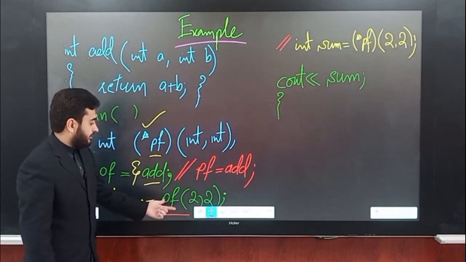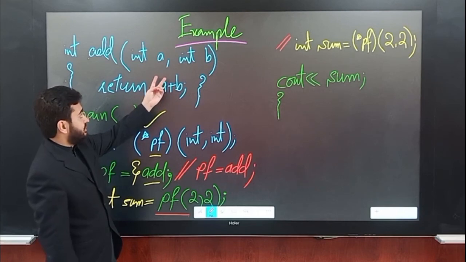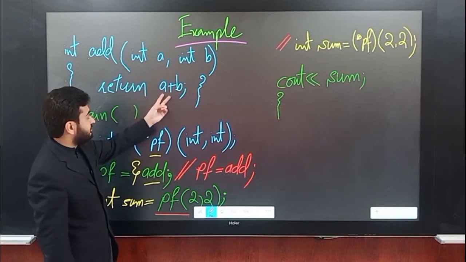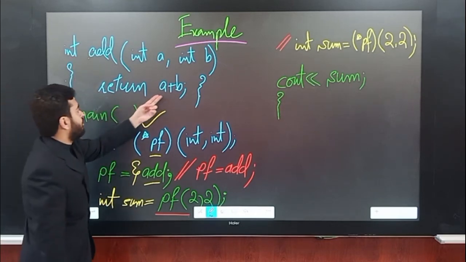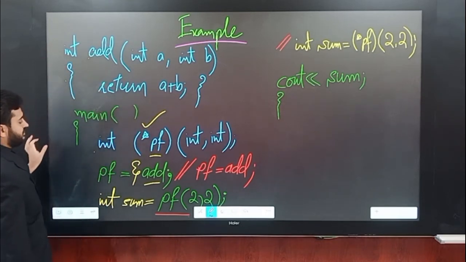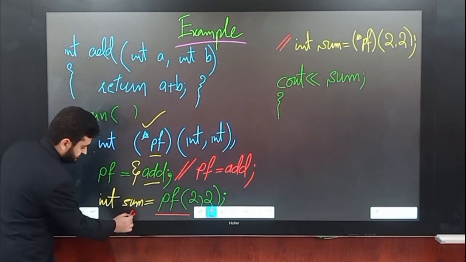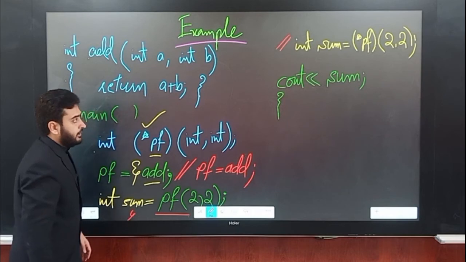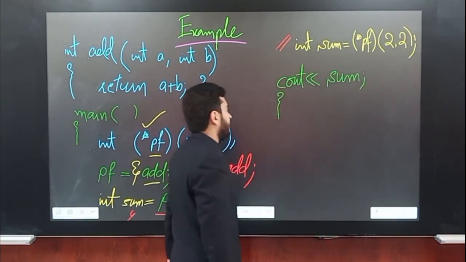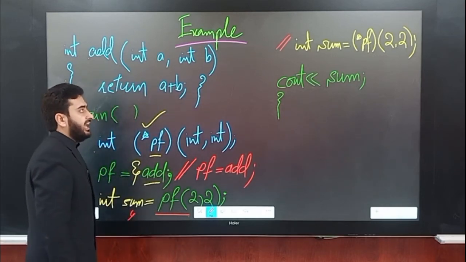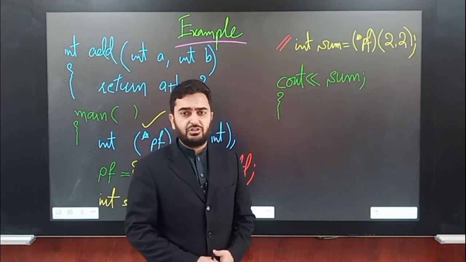In this way these two arguments will be passed into the function, and this function will add these two arguments. 2 plus 2 is equal to 4, and this 4 will be returned, and 4 will be assigned to the sum. Here you can see there is another syntax of calling a function through a pointer, using the dereference operator with the pointer variable.